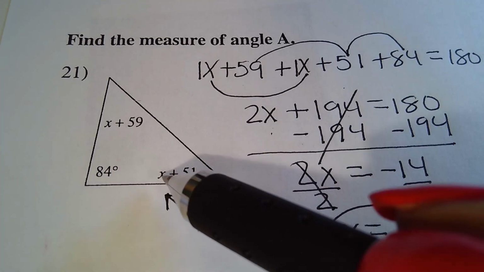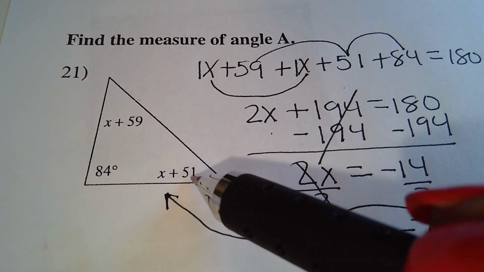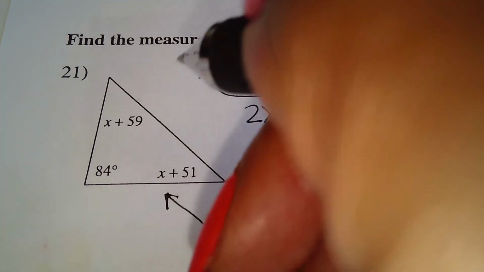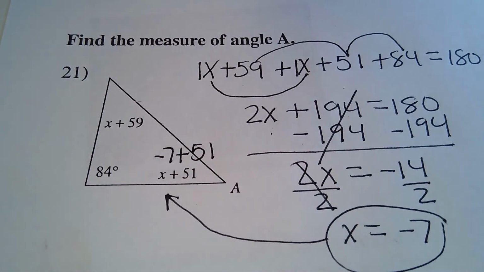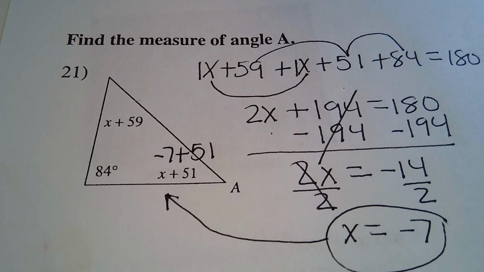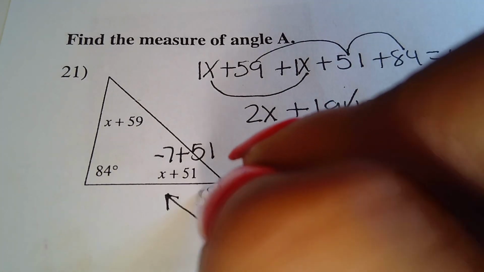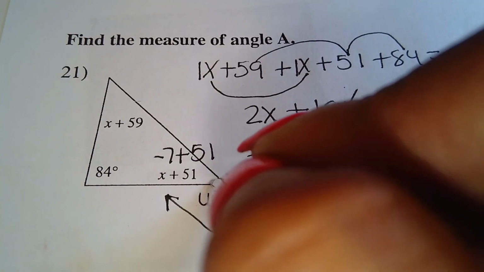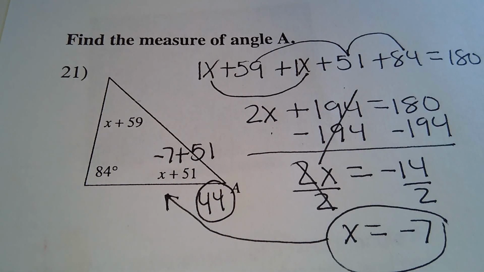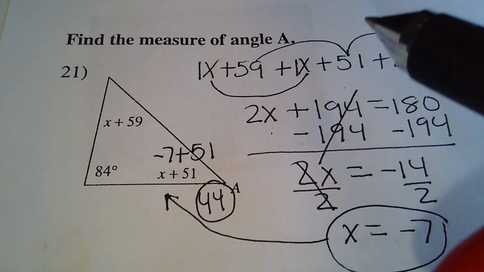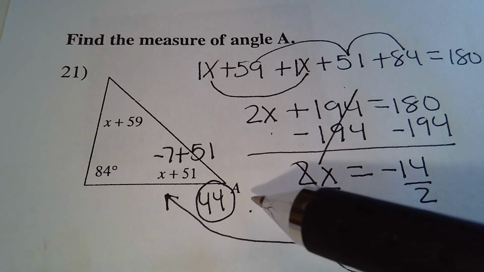So now instead of this being x plus 51, it'll be negative 7 plus 51. And negative 7 plus 51 is 44. So your final answer is that the measurement of angle A is 44.